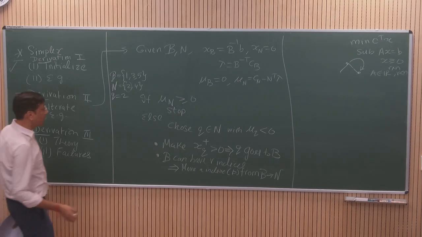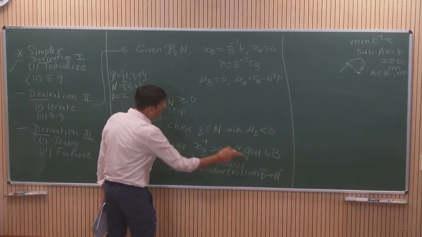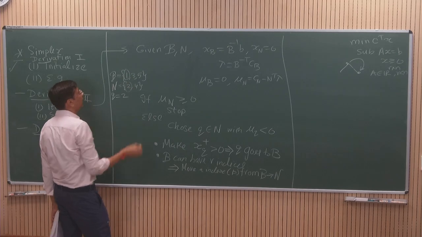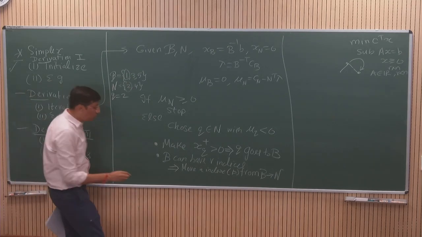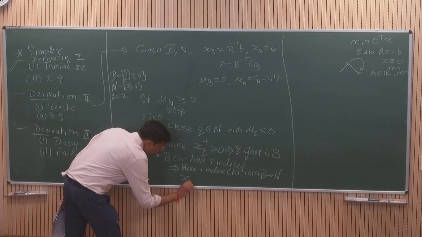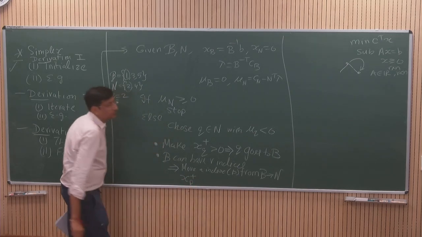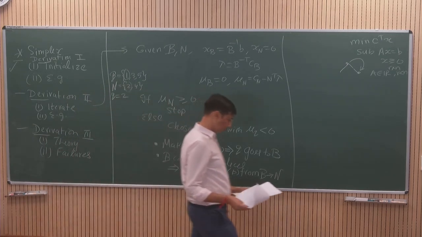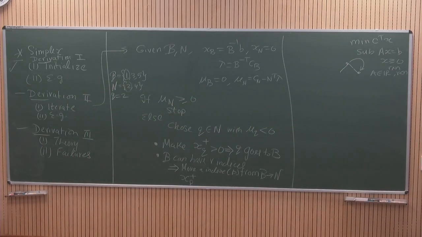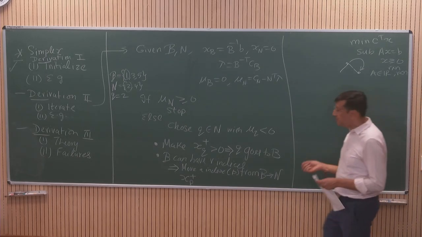So if you have to move an index p from the B to the n set, what will happen to xp plus? It will be 0. Why?